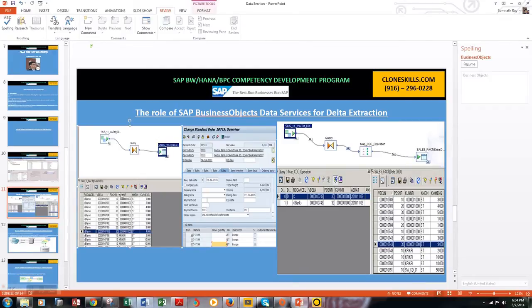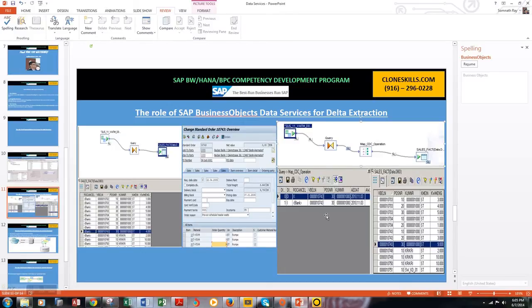We see the initial load where a particular sales order number 10743 through line number 30 has loaded a quantity of 4, and then we see on the right hand side the sales order actually changed from 4 to 9, and that has been reflected in the CDC operation of SAP Business Objects Data Services, as we see on the screen on the far right over here.